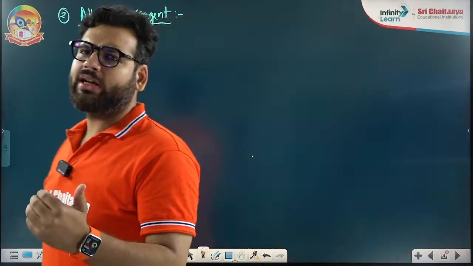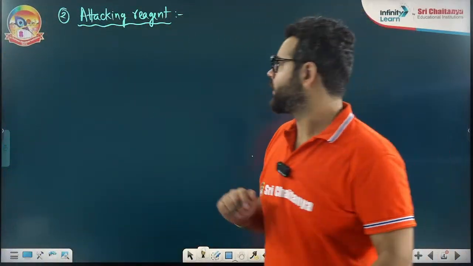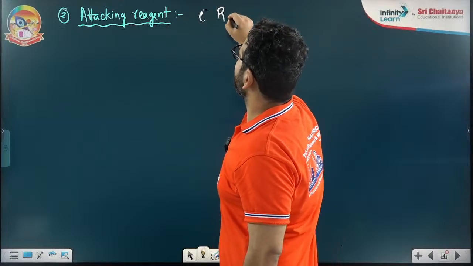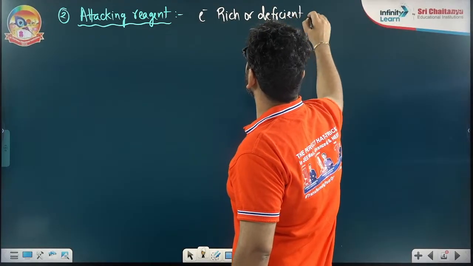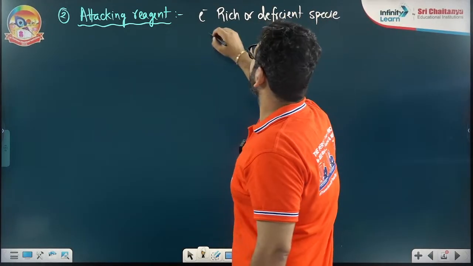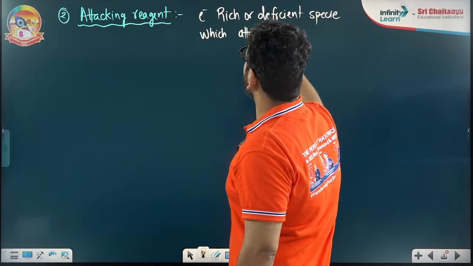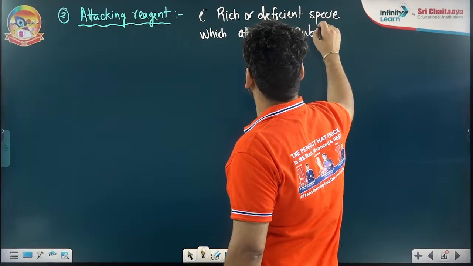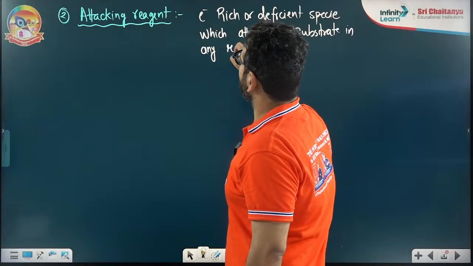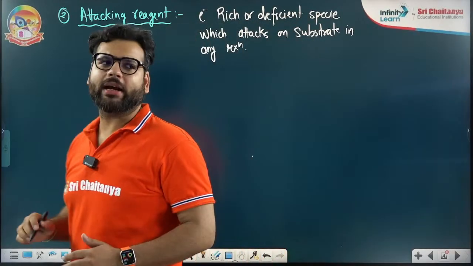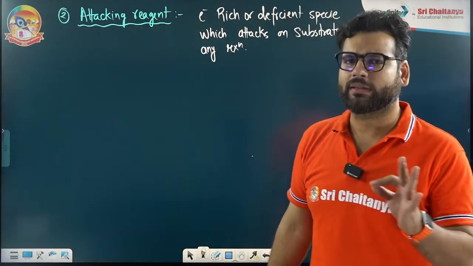The attacking reagent can be an electron rich or electron deficient species which attacks on the substrate in any reaction. Any electron rich or electron poor species which comes and attacks is called an attacker.